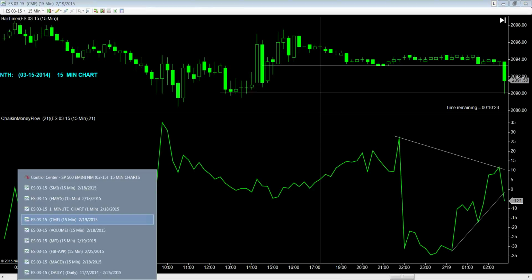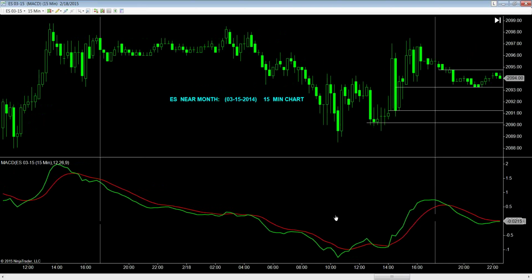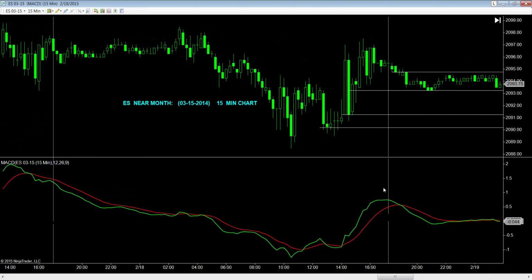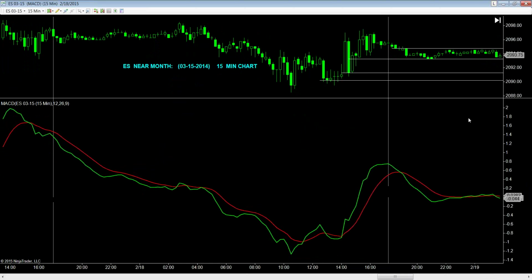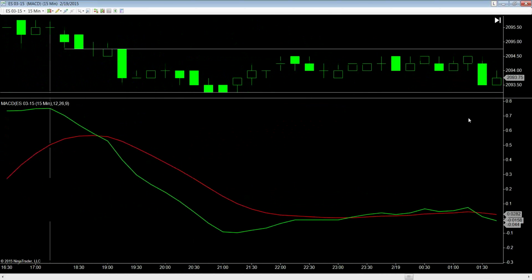Looking at another indicator that I want everyone to see to identify the official change in trend, okay, in this case, is the MACD. Lagging indicator. The cross had already taken place from above to below.